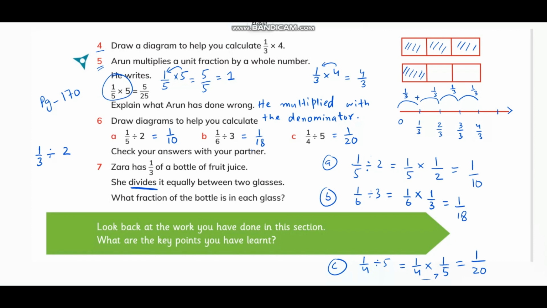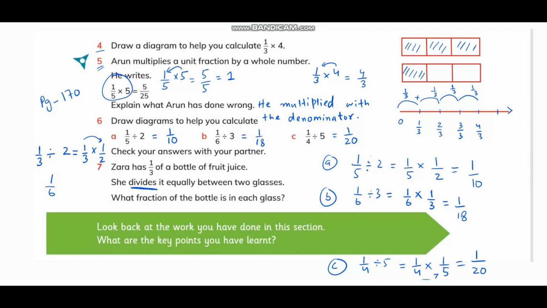Now we have to solve this one. So how do we solve this one? Write 1 by 3 here like this, and then the sign of division will convert into multiplication, and then this 2 will become 1 by 2. Now multiply numerator with the numerator, 1 times 1 is 1, and denominator with the denominator, 3 times 2 is 6.